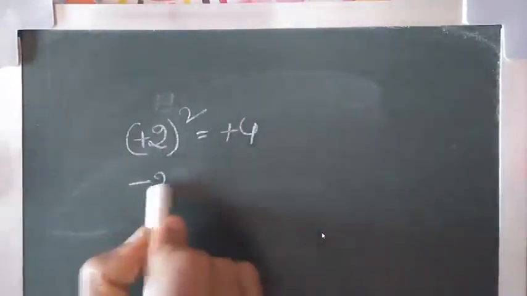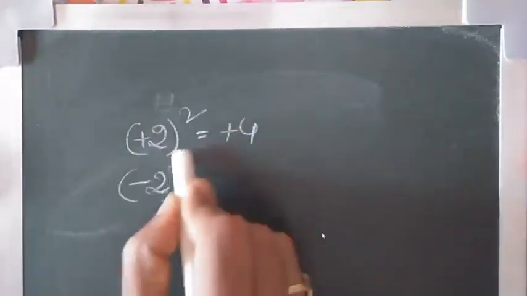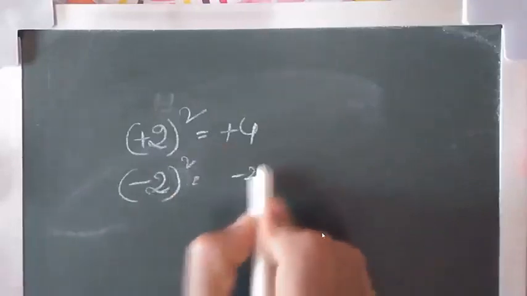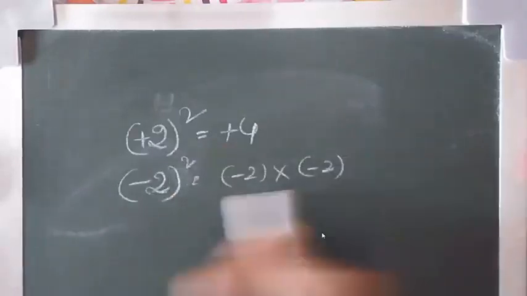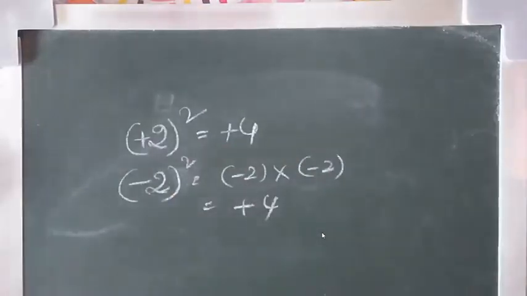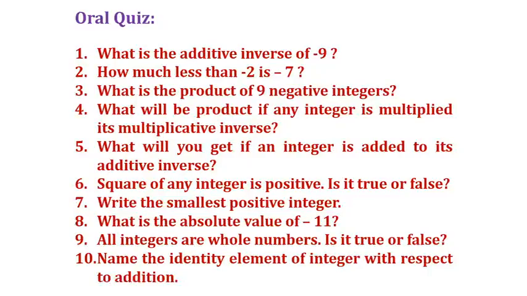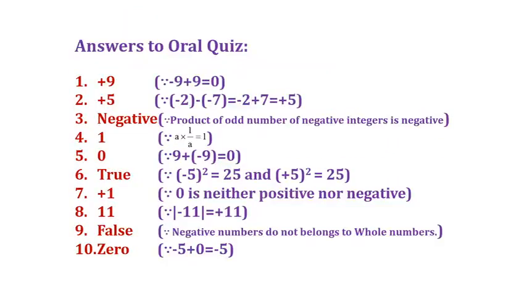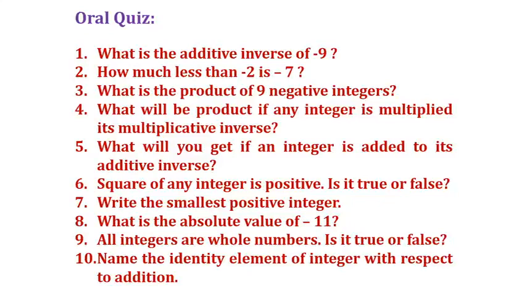If I take -2, -2 whole square, you will get -2 into -2, which is minus into minus plus, 2 2s are 4. Again you are getting plus 4 only. That's why the square of any integer is positive. It is true.